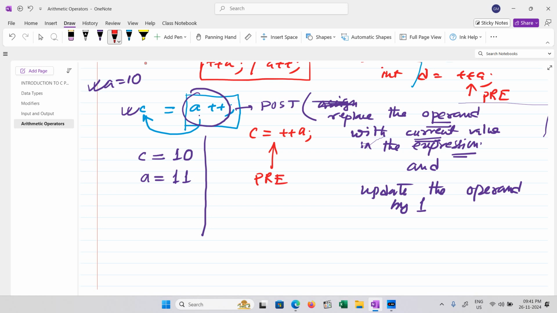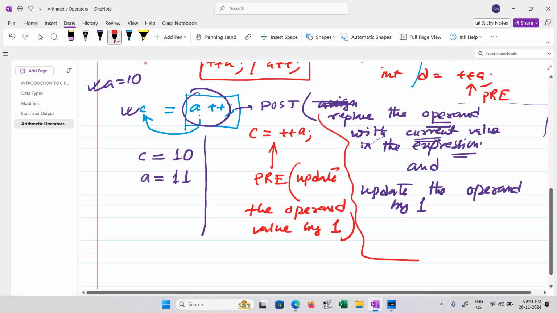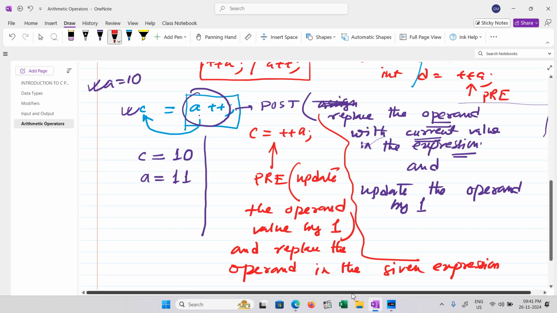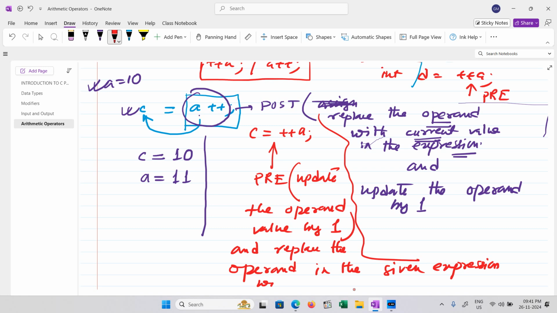So it says: update the operand value by 1, and replace the operand in the given expression with the new value.